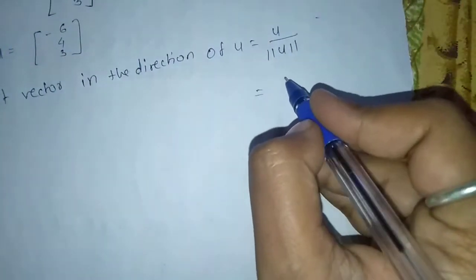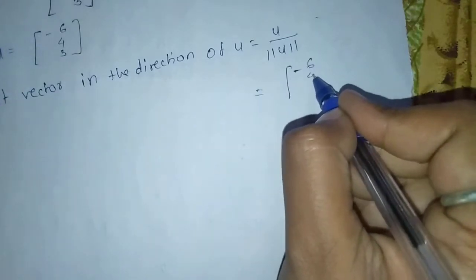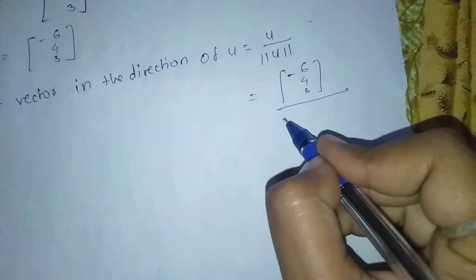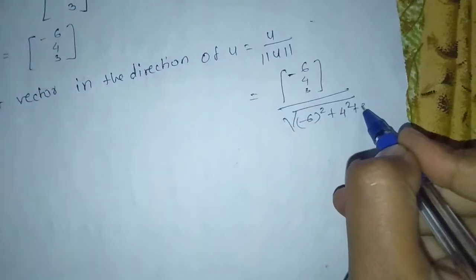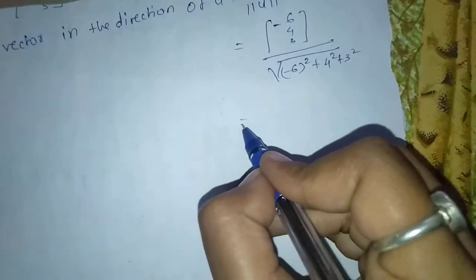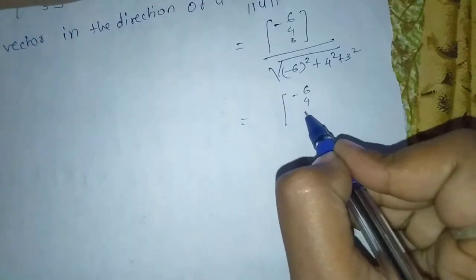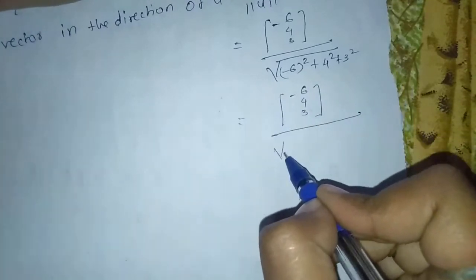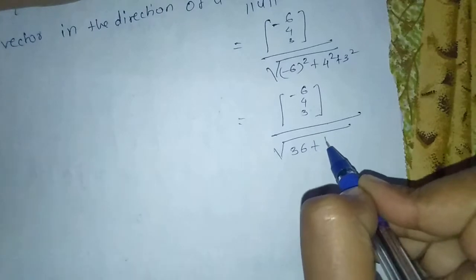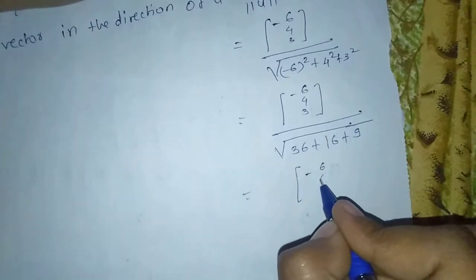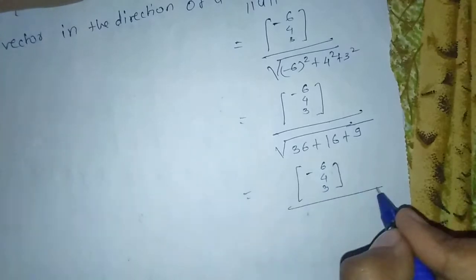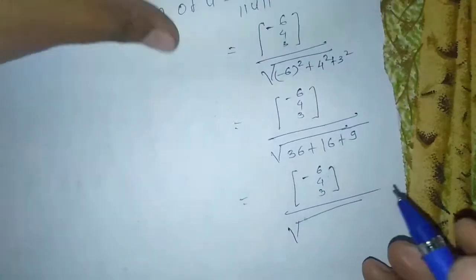Here u is (-6, 4, 3) and norm u means the square root of (-6) squared plus 4 squared plus 3 squared, which is 36 plus 16 plus 9. The addition of these is nothing but 61.